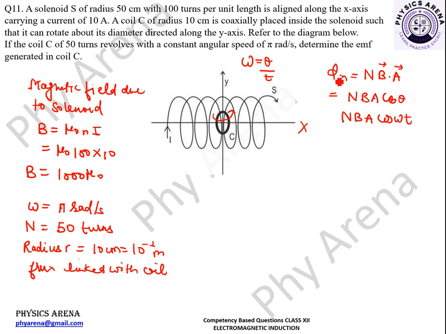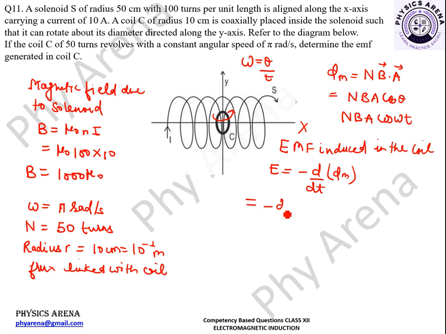Now, once we have got this phi m, we can calculate the EMF associated with the coil due to change of this phi m. So we know EMF induced in the coil, E, is minus d upon dt of phi m, rate of change of magnetic flux.